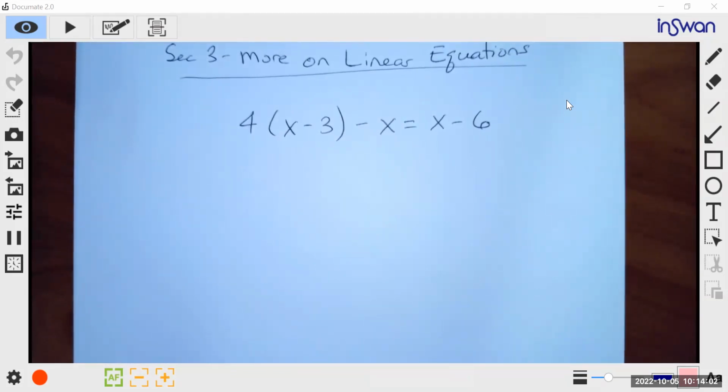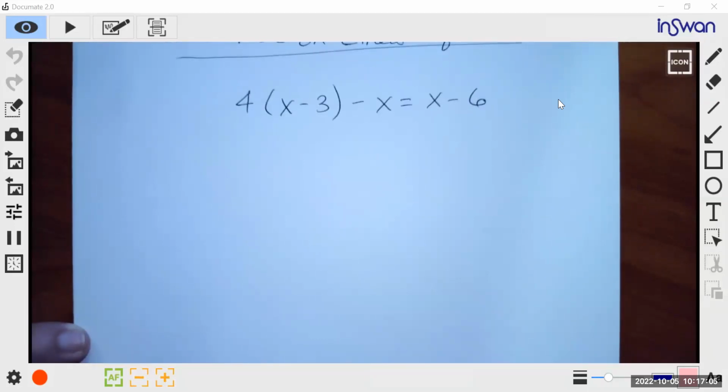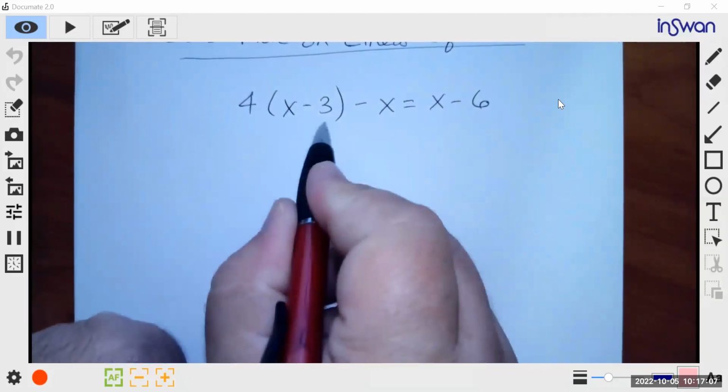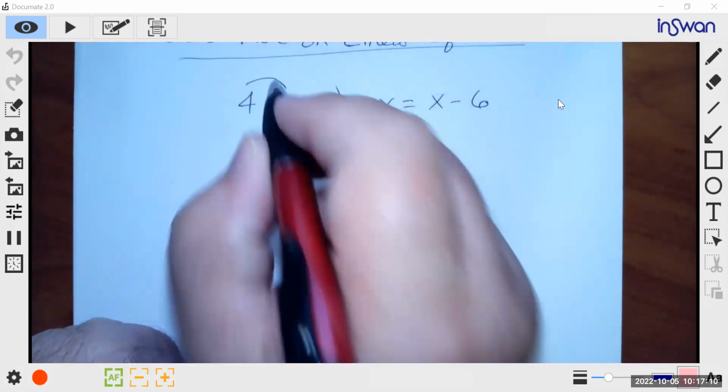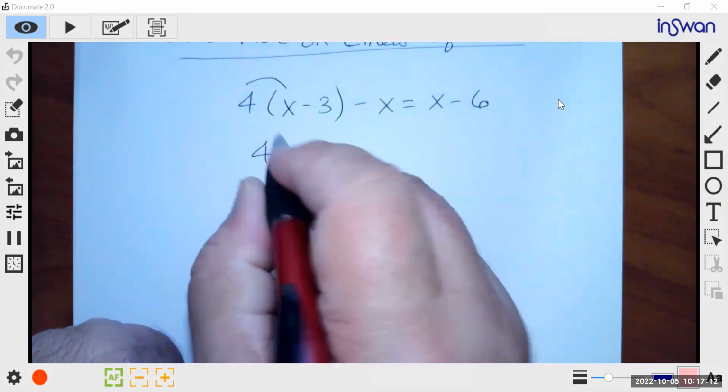Solve that, please. First step. Get rid of the parentheses. 4 times x is 4x.